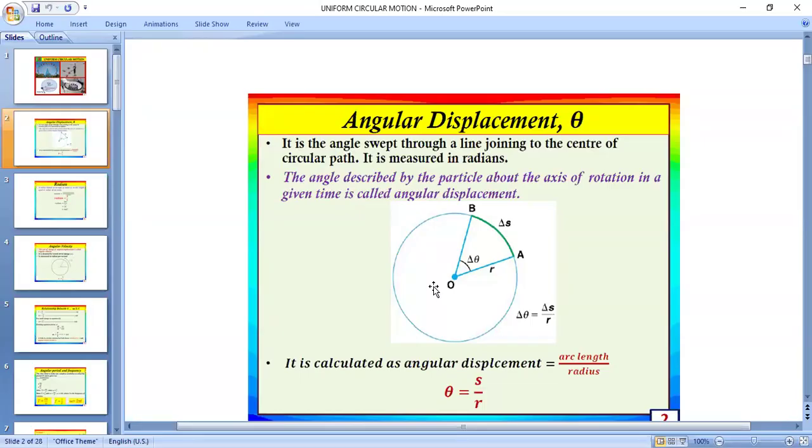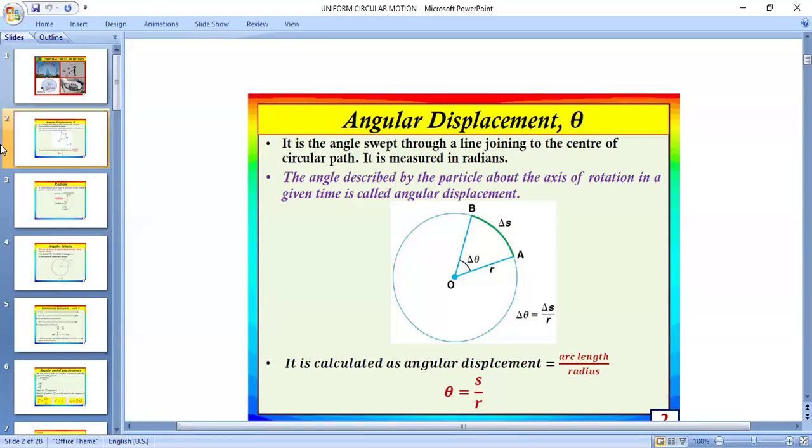So mathematically, if you want to get angle theta, then we divide displacement S by radius of that circle. So that is term number one.